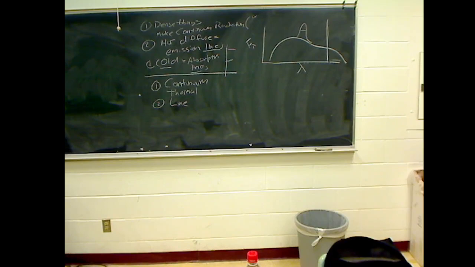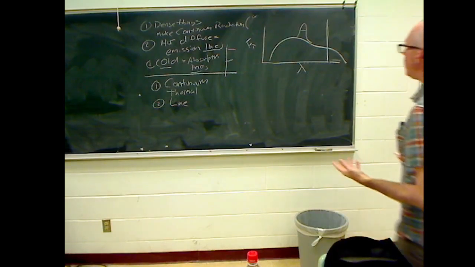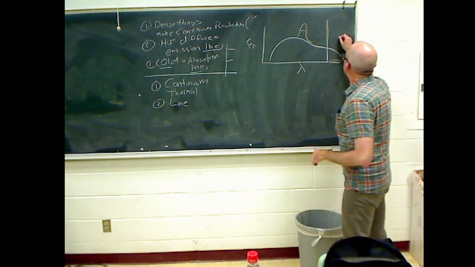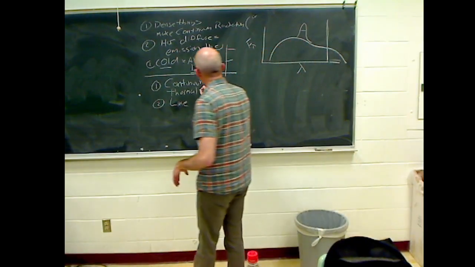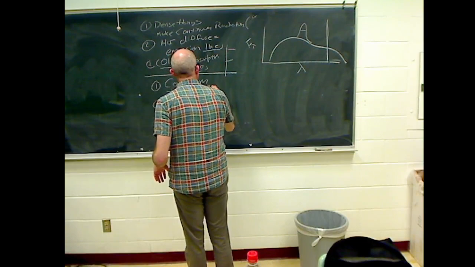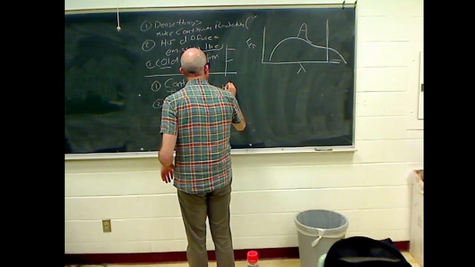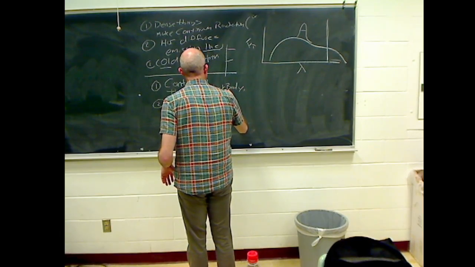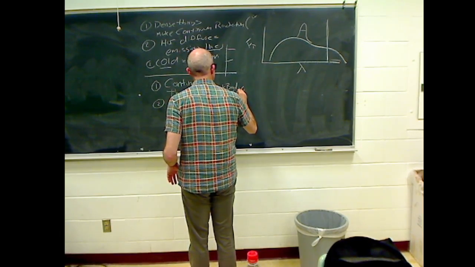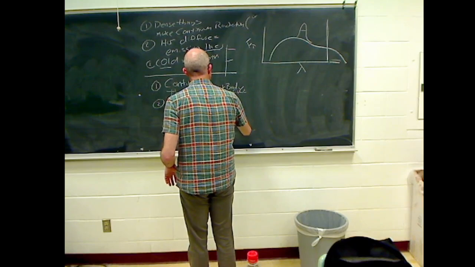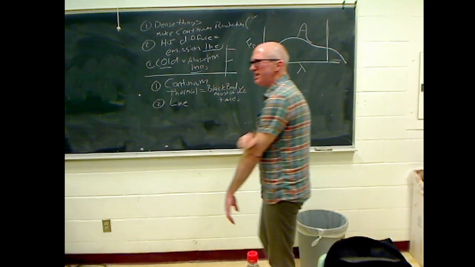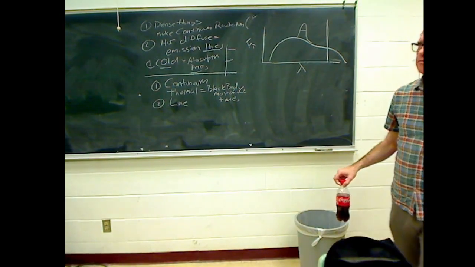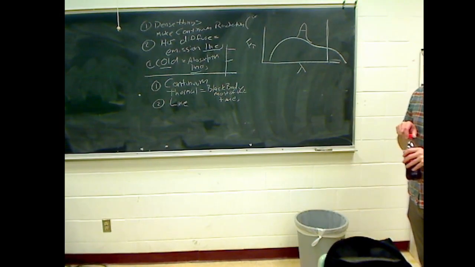So what we need to talk about is our photons. Why do we have these two kinds of things? The continuum radiation is thermal radiation, and this is black body. It's a black body most of the time. I can come up with lots of examples that aren't, but I'm not going to muddy the water with them.